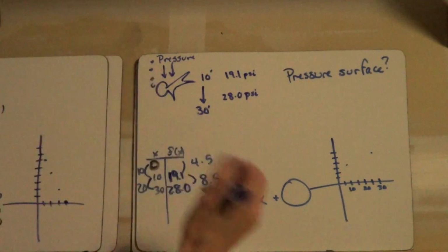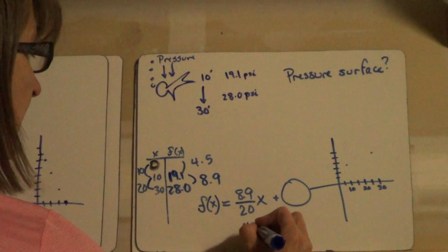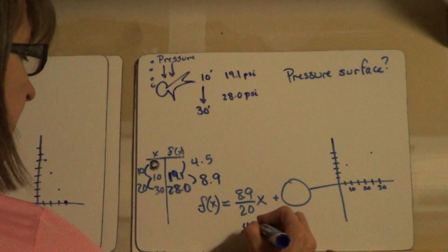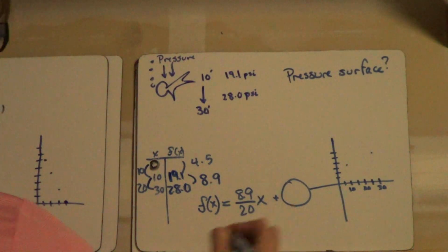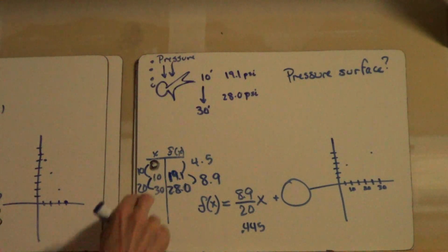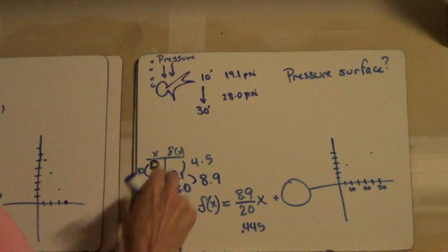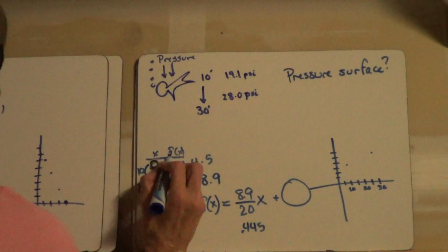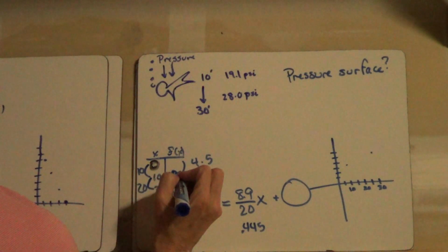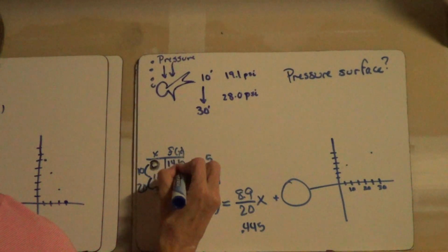The other thing you can do, you can divide to get your slope. It will come out to be 0.445. Yeah, that's right. Because as we go backwards here, we want to make sure that we end up with the right amount. So 19.1 minus 4.5 would be, let's see, 19 minus 4 is 15.1, minus 0.5 would be about 14.6. Okay?